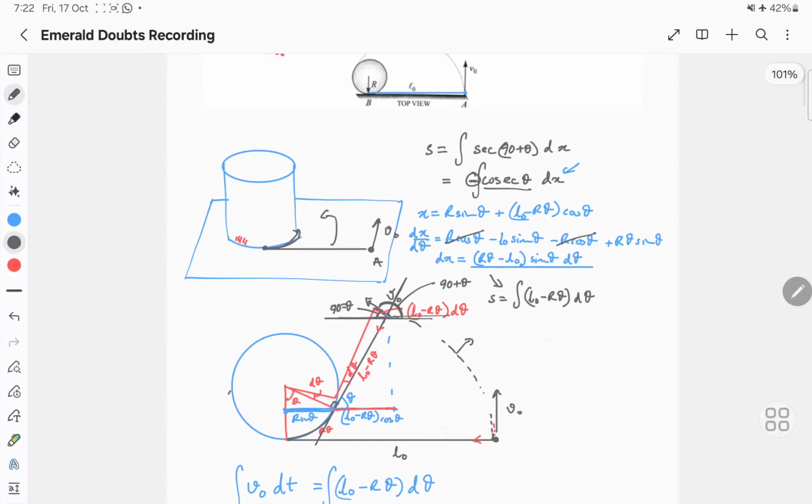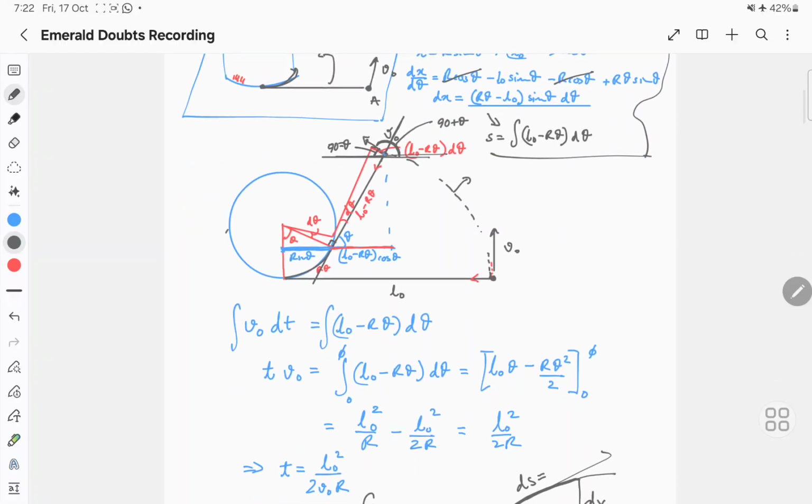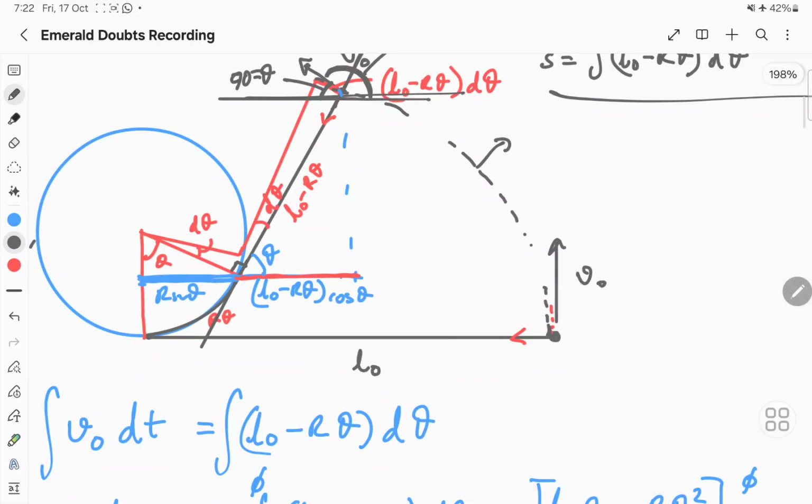So if you want to do further, you can also write the whole y location as this much of the height plus this much of the height, which is here.